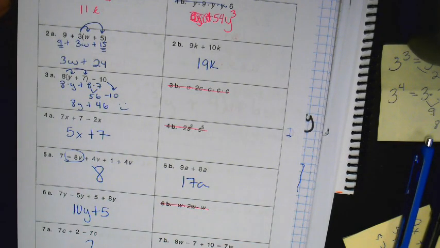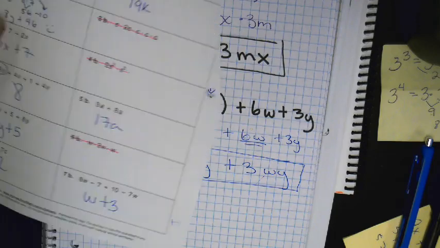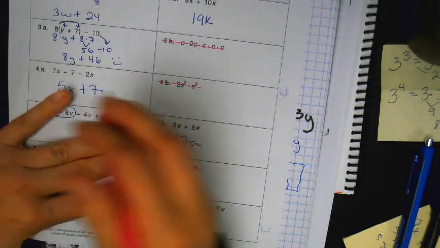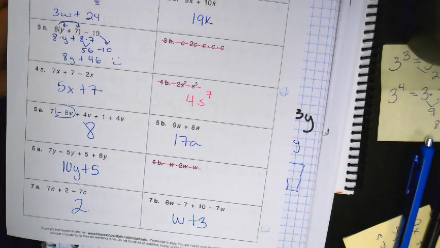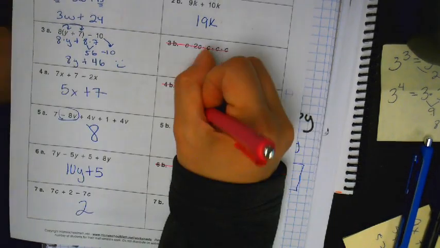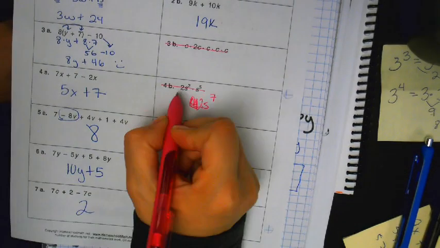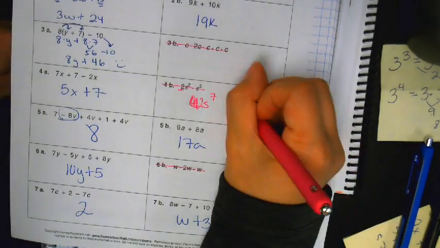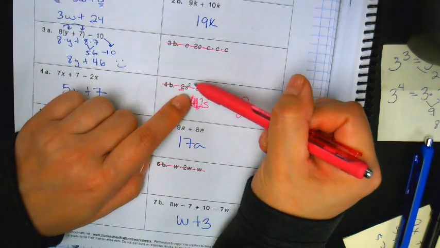The answer is 2s to the 7th power. You can't do anything with this 2, so you just leave it alone. In that multiplication, you add your exponents.